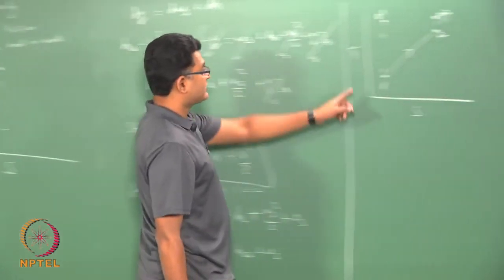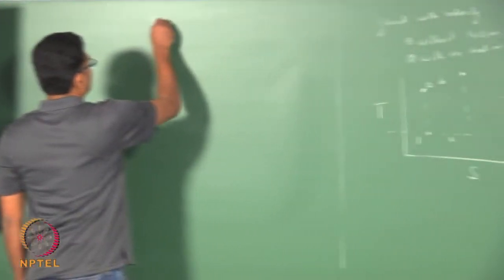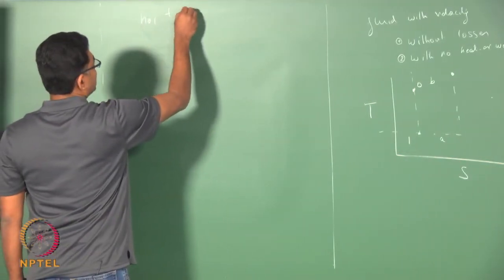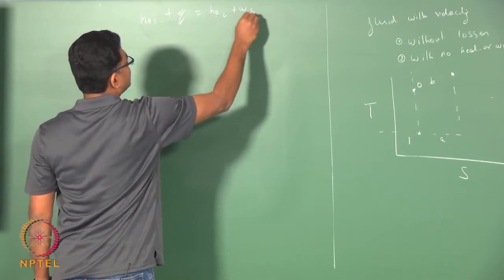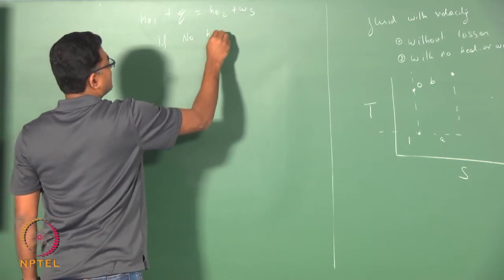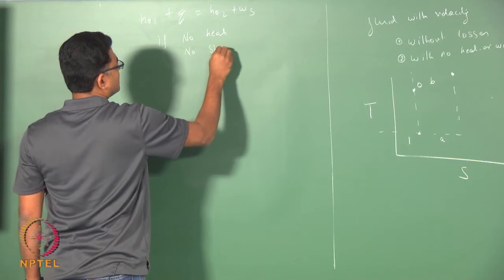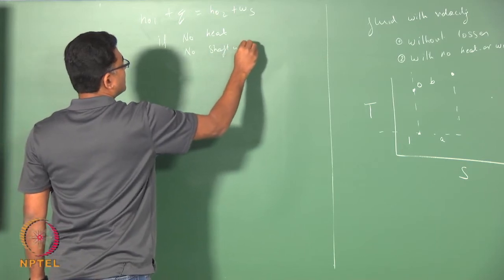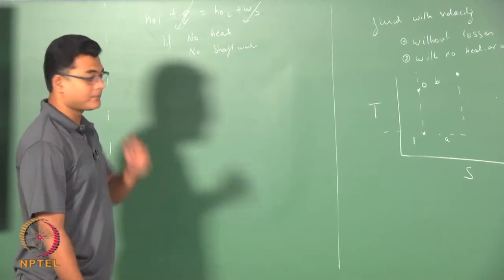Between these 2 points, h01 plus q equals h02 plus ws. If no heat is applied or no shaft work, you get this term and this term 0.